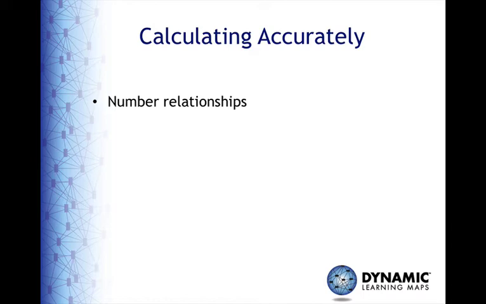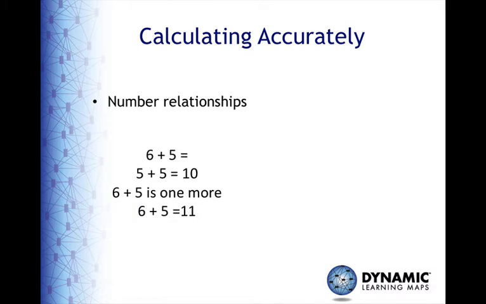Second are the reasoning strategies, using known information to determine unknown information. For example, 6 plus 5. The student knows that 5 plus 5 equals 10, and 6 plus 5 is 1 more, so it equals 11.